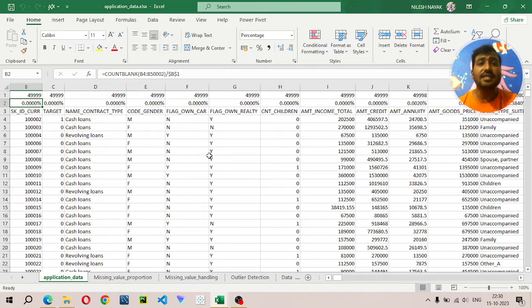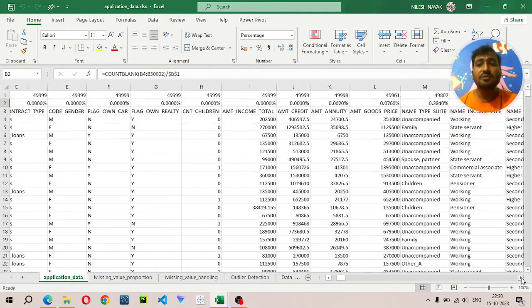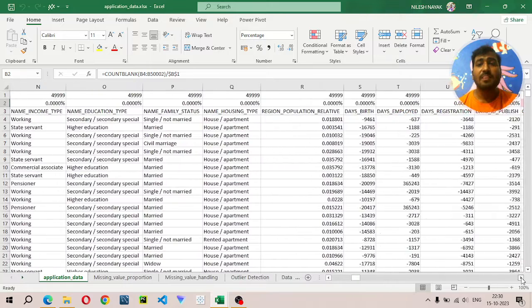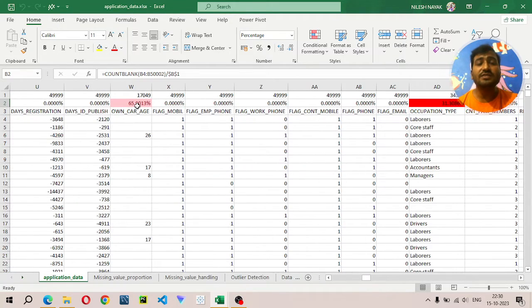This is our application data that has been given. The total number of rows is 40,000. Now if you see, here we have 65% of data missing, and in the column occupation type 31% of data is missing.